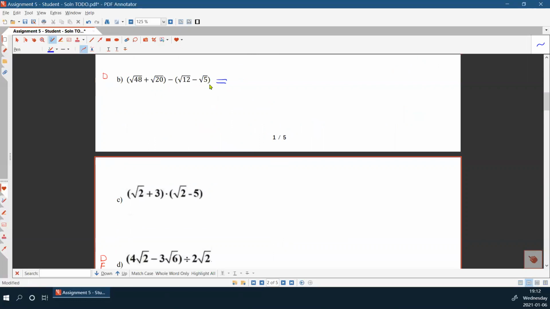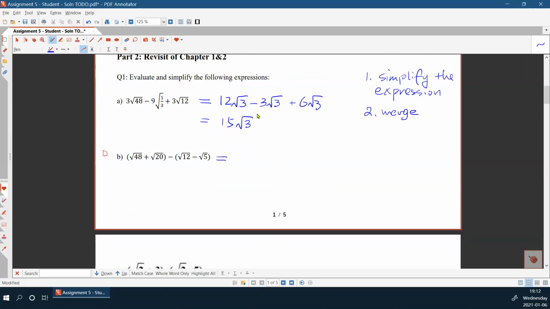How can we do this? Okay. The method is the same. First step is to simplify the expression to the simplest form. Okay. How to simplify this? Square root of 48 equals 4 times square root of 3, right? Okay, second one, square root of 20 equals twice square root of 5, right?